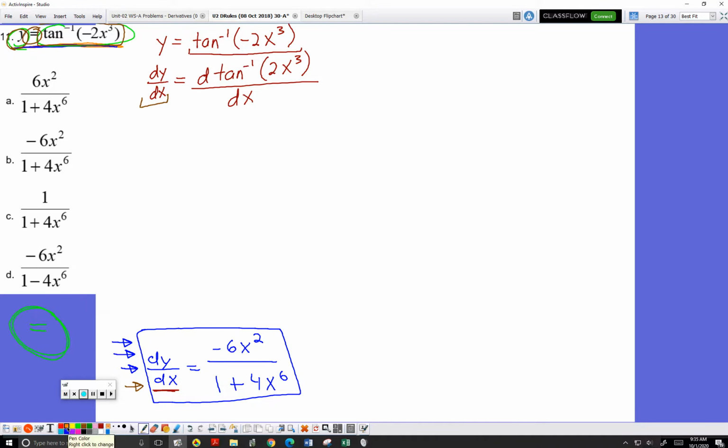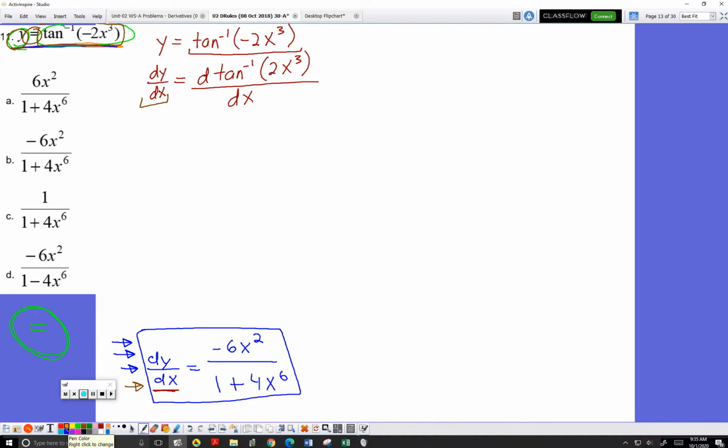We want the blue box to match this pink box. And it must be a perfect match, no difference whatsoever. The way I get them to match is I get to pick g. So g of x, in this case, must be negative 2x cubed.